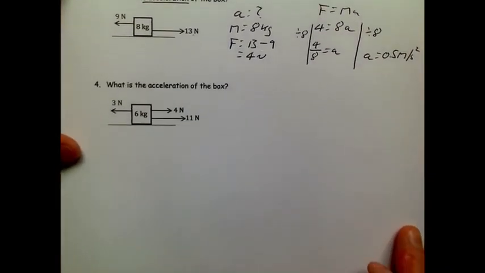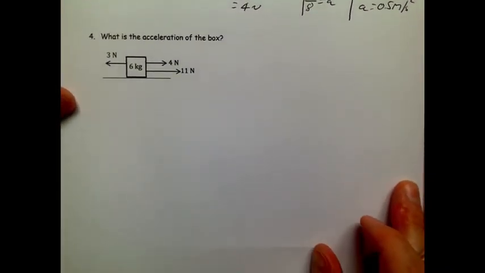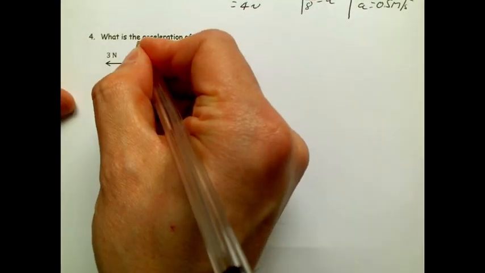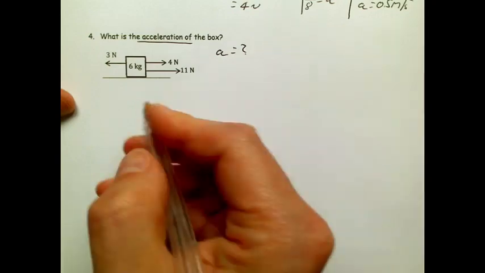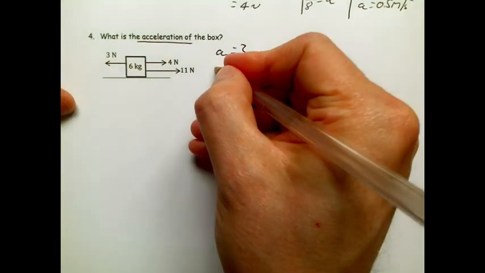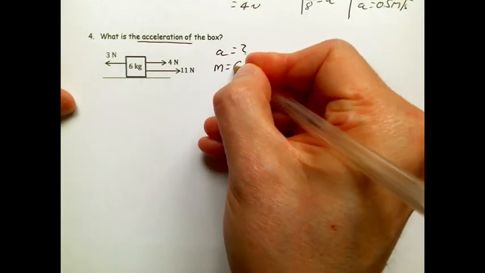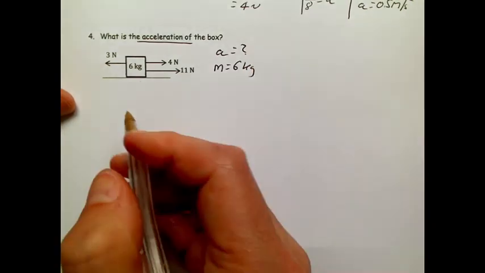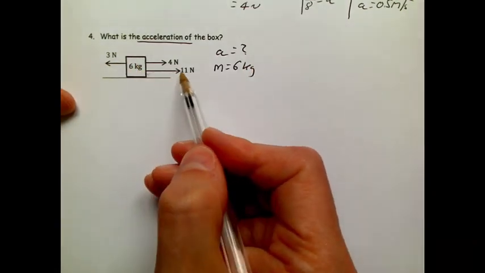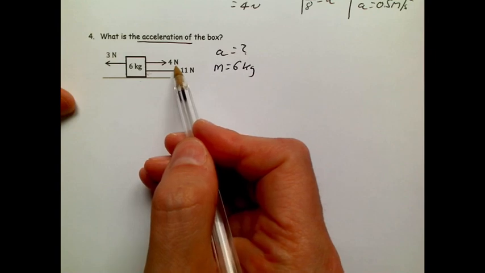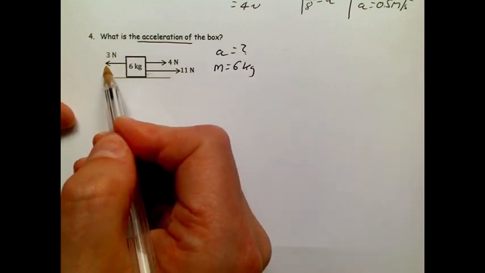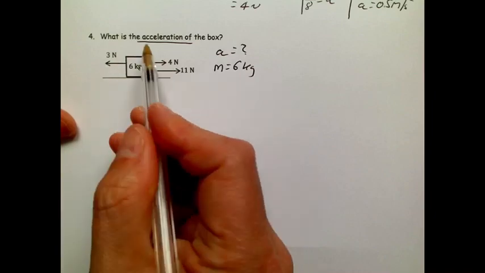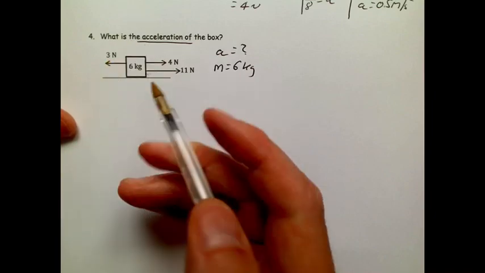And then on to question 4. What is the acceleration of the box? So again, I'm trying to work out a. I've got a 6 kilogram box this time, so I've got m equals 6 kilograms. And I've got an 11 newton force and a 4 newton force pushing in this direction and a 3 newton force in the other direction. I need to work out my overall force, my resultant force.